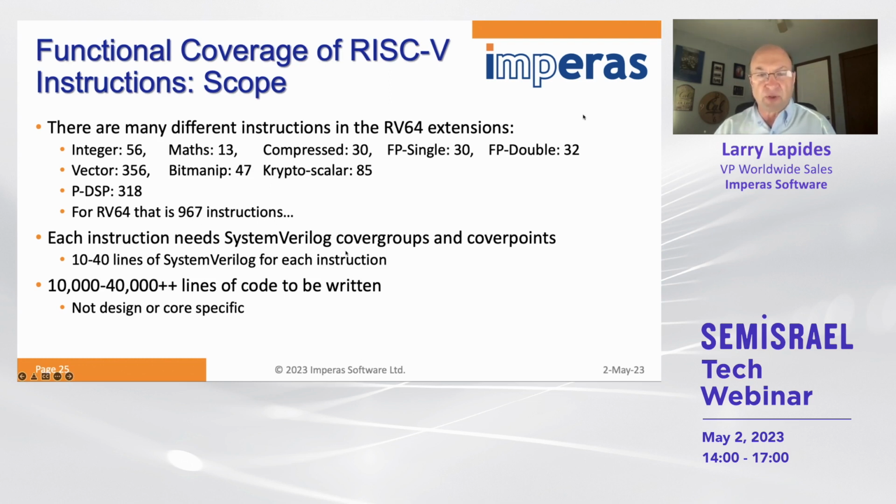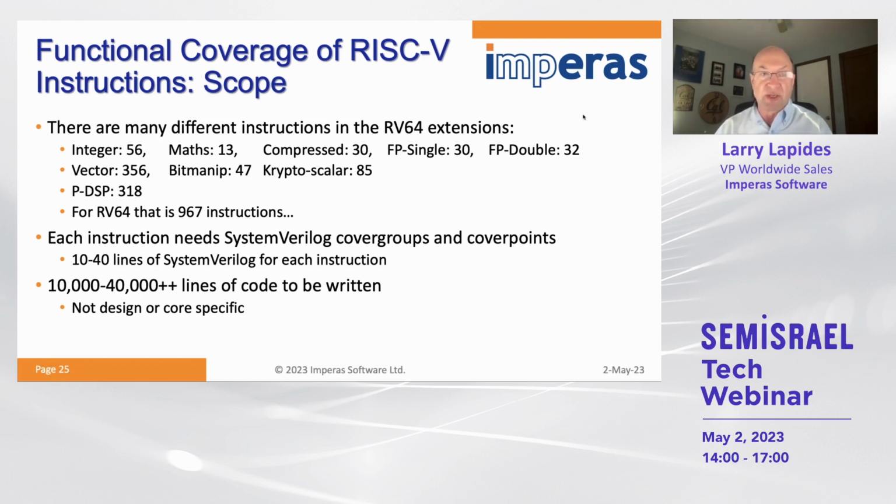And then for cover groups and cover points, you start looking at 10 to 40 or 50 lines of SystemVerilog for each instruction. And so very quickly, we're at 10,000 to 40,000 or more lines of code to be written for cover groups, for cover points. And this is not design or core specific, so we haven't gotten into cross coverage or anything like that.